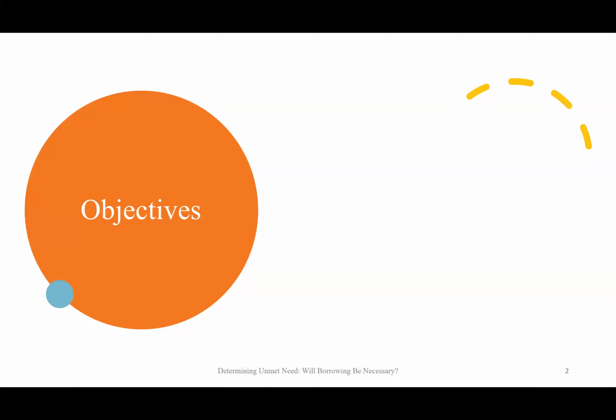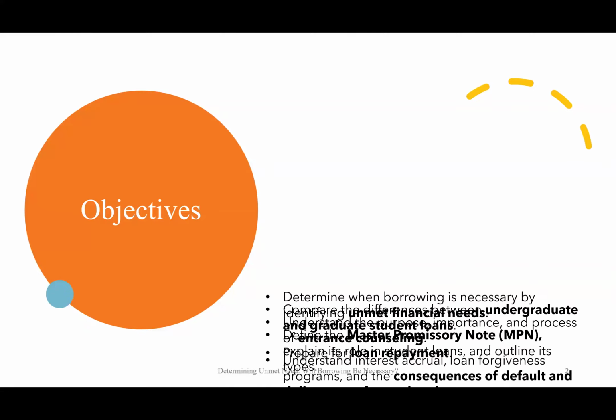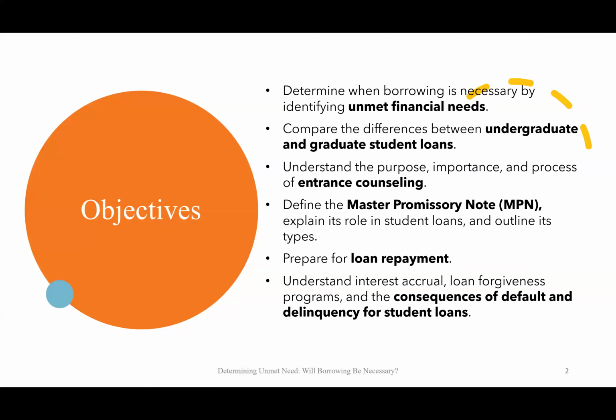Okay, so let's get started with our objectives of what we will be covering today in this presentation. We will be determining when borrowing is necessary by identifying unmet financial needs, comparing the differences between undergraduate and graduate student loans, understanding the purpose, importance, and process of interest counseling, defining Master Promissory Note and explaining its role in student loans and outlining its types.